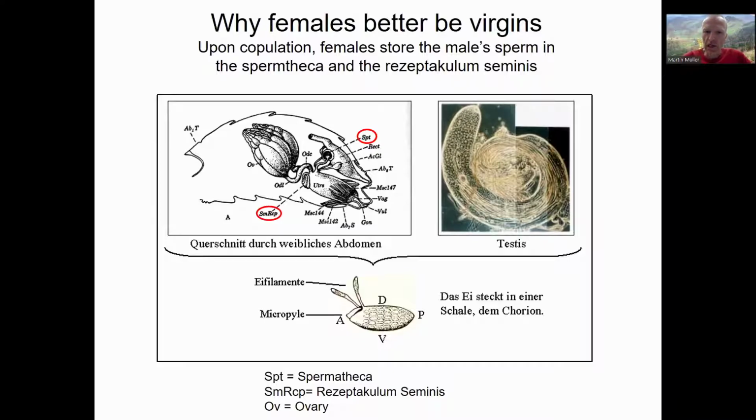If you have a female which is not virgin, which stores the sperm of a different genotype from a male with a different genotype and not the sperm of the male you wanted to use, you will get a mix of progeny. And you don't want that. This complicates the genetic analysis. So it's much better if you make sure that the female is a virgin.